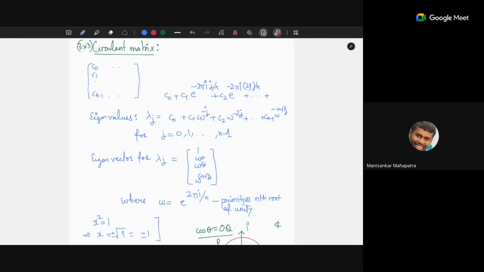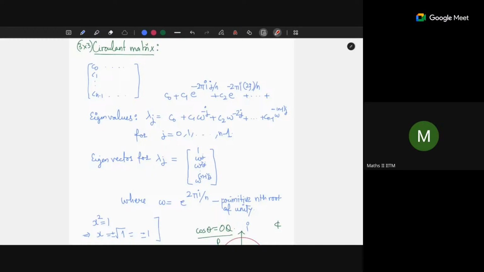For a big matrix it will be difficult, but for a circulant matrix it is easier because you already know what the eigenvalues and the eigenvectors are.